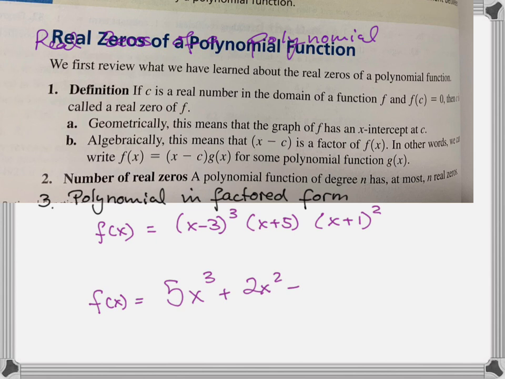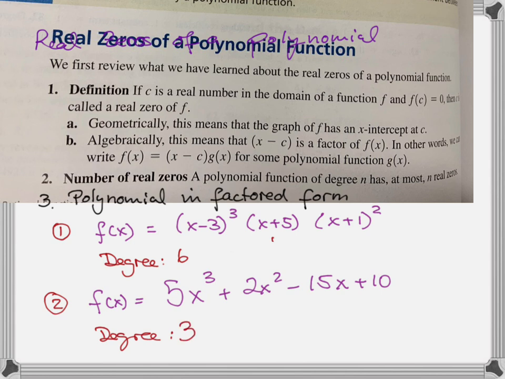Can somebody tell me what is the degree of the first polynomial? The degree is 6 because we're adding the exponents, and this polynomial is in factored form. What is the degree of the second one? The degree of the second polynomial is 3.